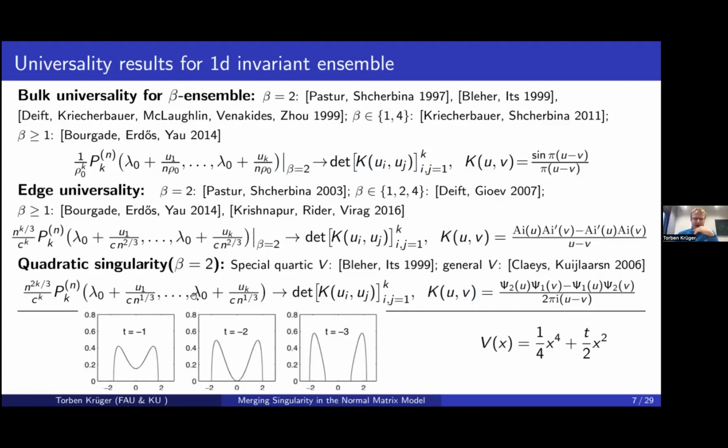And then you can also analyze what happens in the middle of the density, where the simplest kind of singularity is a quadratically vanishing density. This was done first by Bleher and Its in 1999.